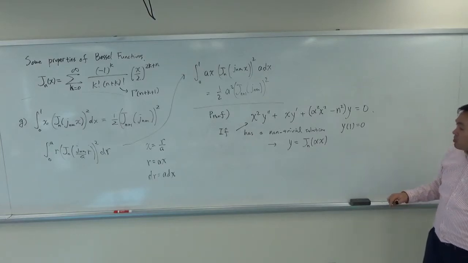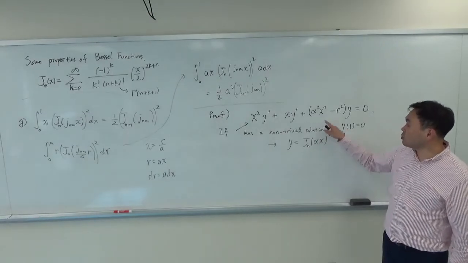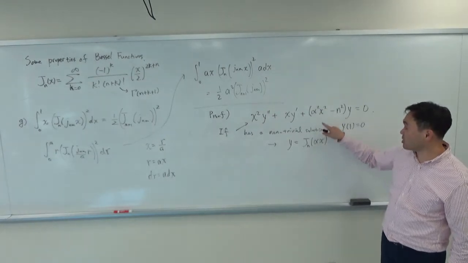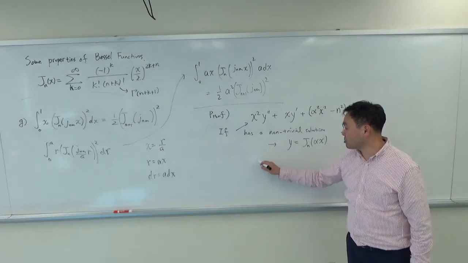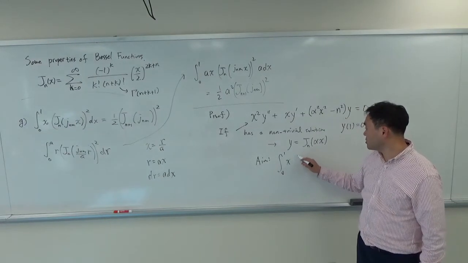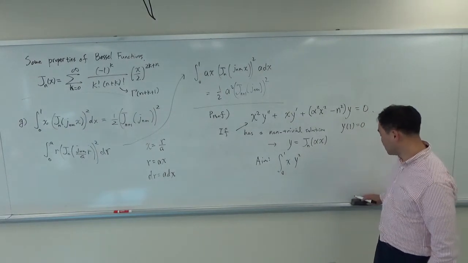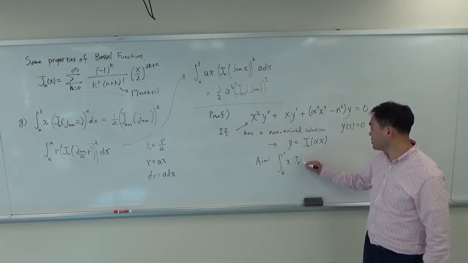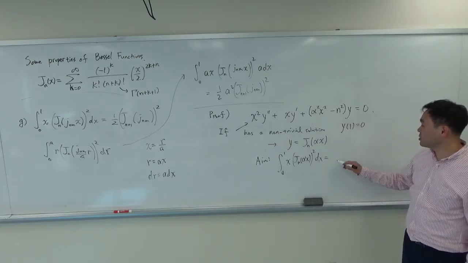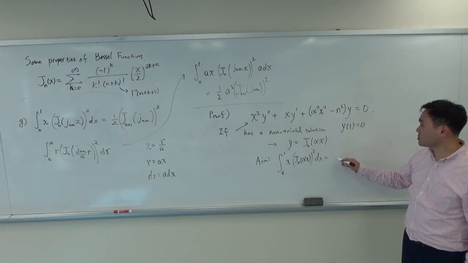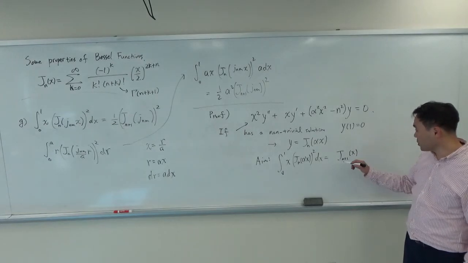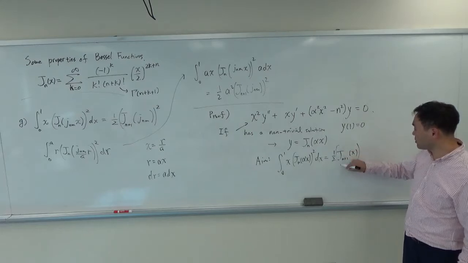So what we want to show is that, because we know this function satisfies this equation, my aim is to prove that the integral from 0 to 1 of x times y squared, or Jn of alpha x squared dx, is equal to one half of J_{n+1} of alpha, squared.